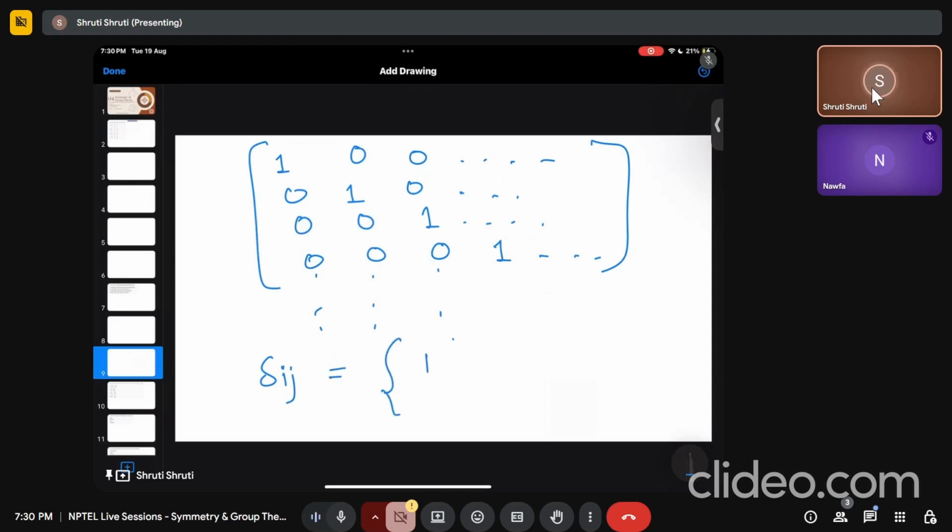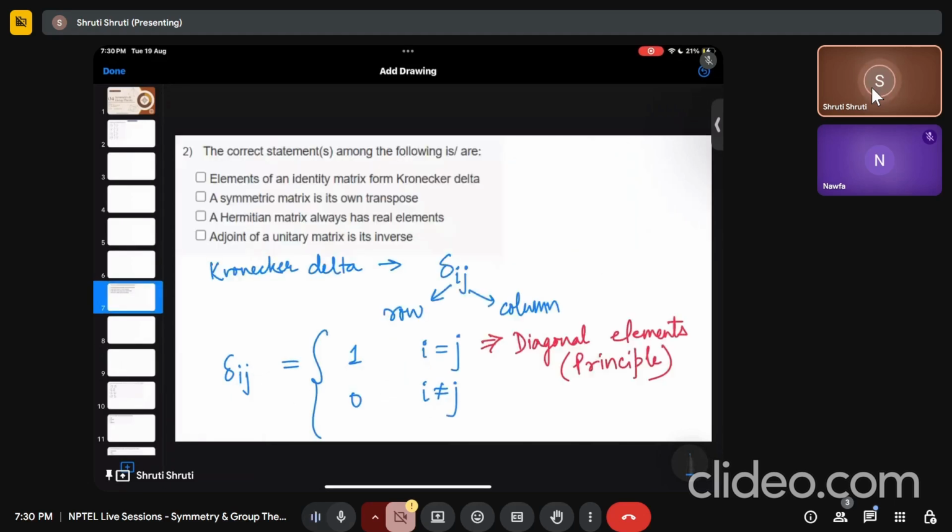It is equal to 1 if i equals j, and it is equal to 0 if i is not equal to j. So the first statement is true, that the elements of the identity matrix form the Kronecker delta.